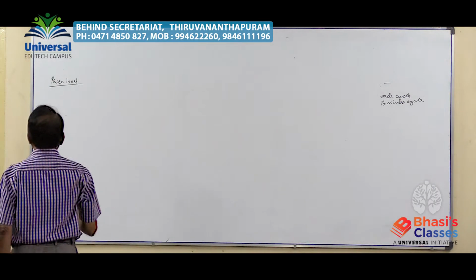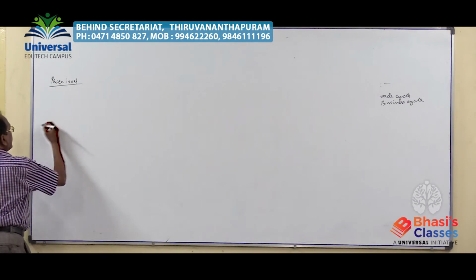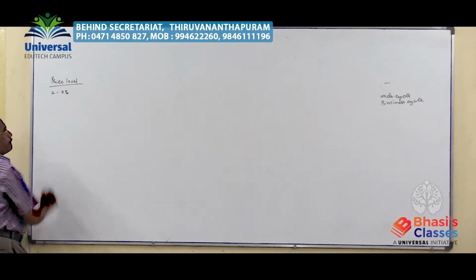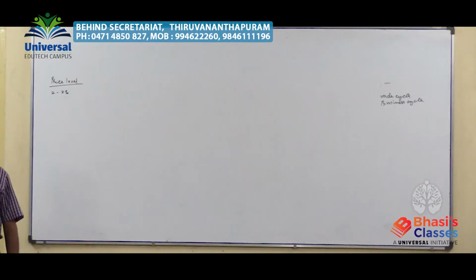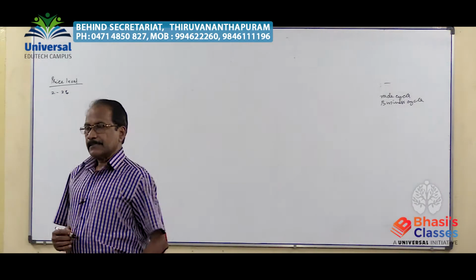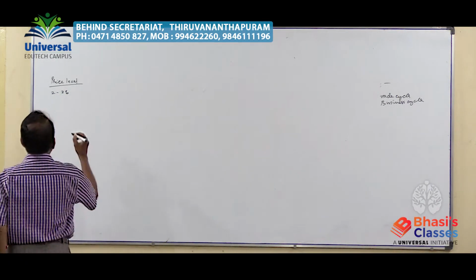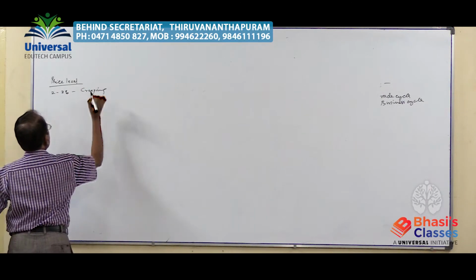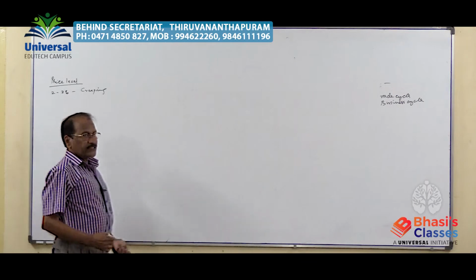If the average price rise is between 2 and 3% per annum, that is, if the annual price level is rising slowly, it is called mild inflation or creeping inflation.